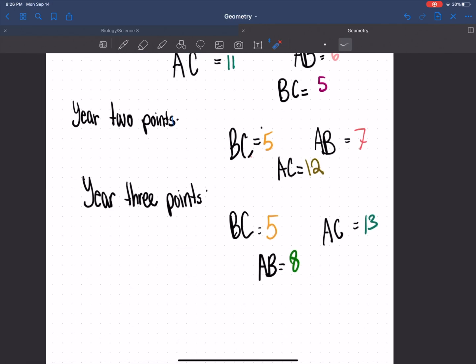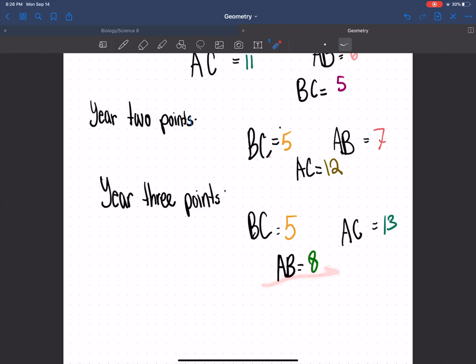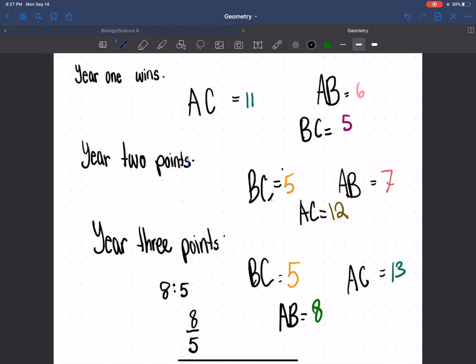So we can subtract BC, the losses, from AB, the total wins, to get how many more wins the lacrosse team got in the 3rd year. So it'd be 8 minus 5, which is 3.